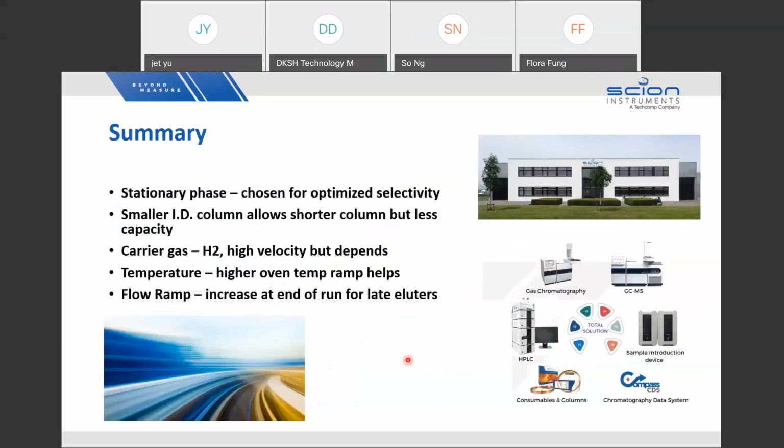As a summary, you have to think about these multiple principles before you optimize the method. Stationary phase is chosen for optimized selectivity, so we have to be clear about the chemical properties of your samples, whether they are polar, mid-polar, or non-polar.